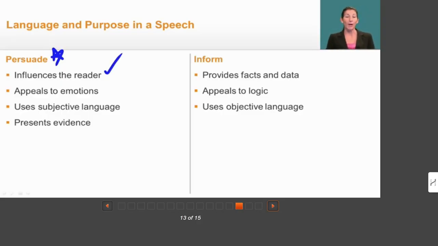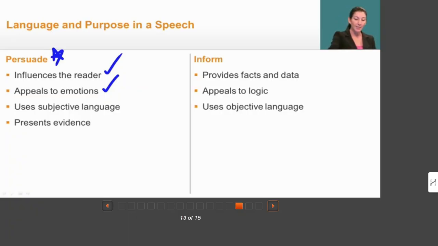The speaker might want the reader to change their opinion, to buy a product, or even to take action in one form or another. In order to influence the reader, the speaker is going to appeal to their emotions. So they're going to be using lots of words and phrases that really get at the heart of somebody's feelings, as it's associated with the subject or the topic.